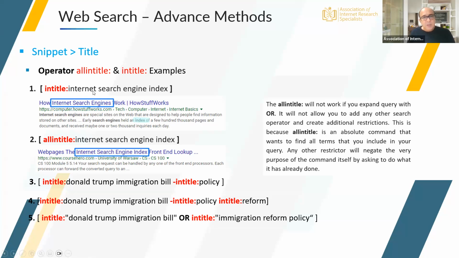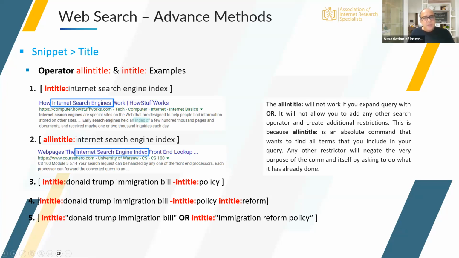So in title, internet search engine index means that the title part of the snippet should contain at least the word internet, because it is coming right after the colon sign. So the first word that is going to be present after colon is a mandatory return. That means it's not an option for the search to ignore the word internet.